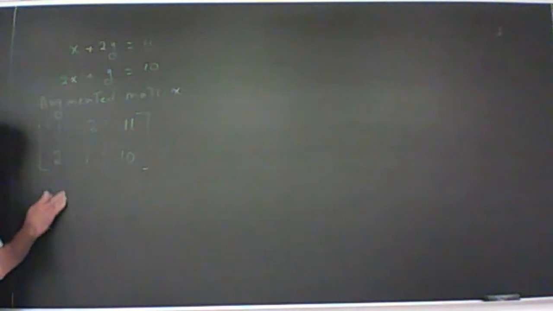Now, if I write the first part in a matrix by itself, 1, 2, 2, 1, that would be a 2 by 2. This is called the coefficient matrix, and it represents the coefficients of the variables you have.